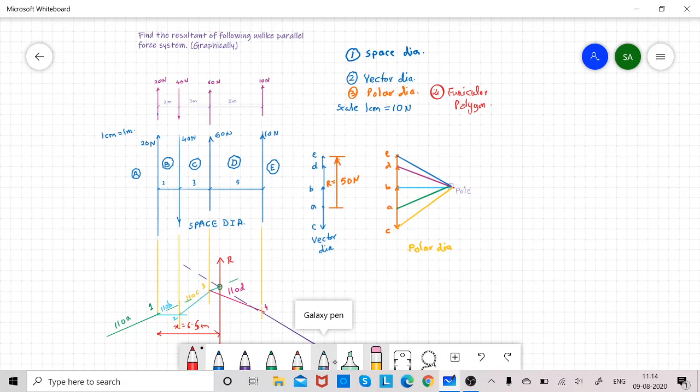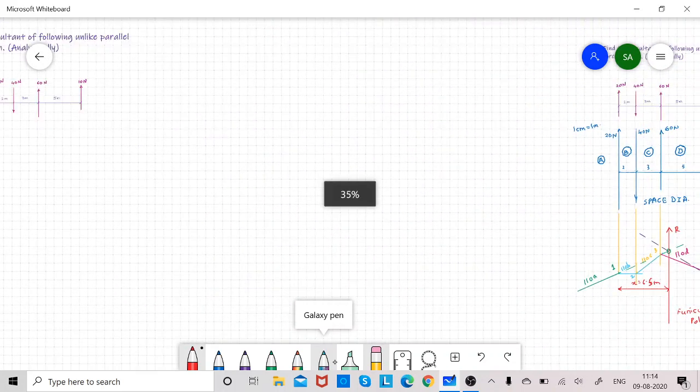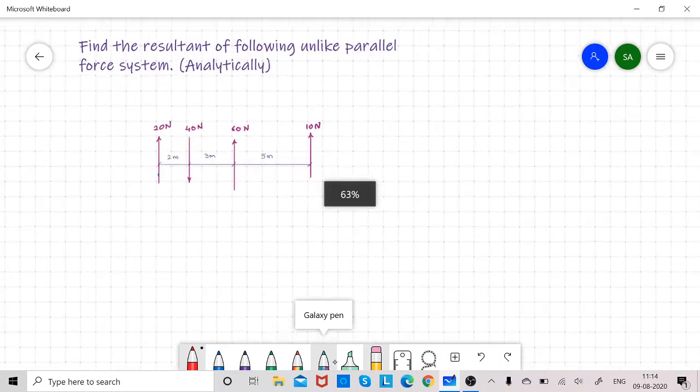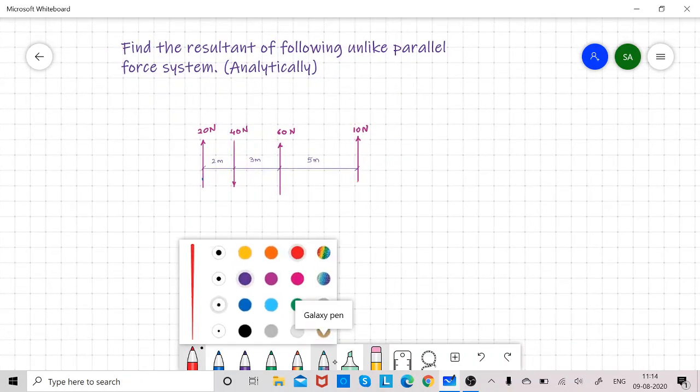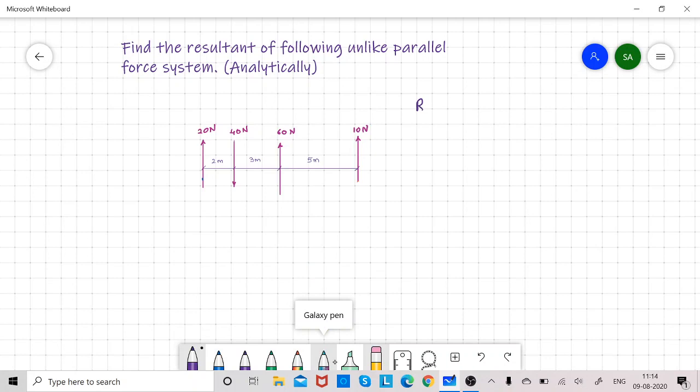Now we will solve the same problem by the analytical method. Resultant R is equal to the algebraic sum of all the forces. Here I will assume upward force positive and downward force negative.